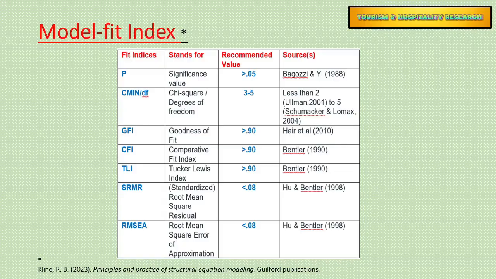Now we talk about model fit index. All those terms which I just told you: GFI means goodness of fit index, CFI means comparative fit index, TLI is Tucker-Lewis index, SRMR is standardized root mean square residual, RMSEA is root mean square error of approximation. The recommended thresholds are given in blue, and the references for these thresholds I have also mentioned.